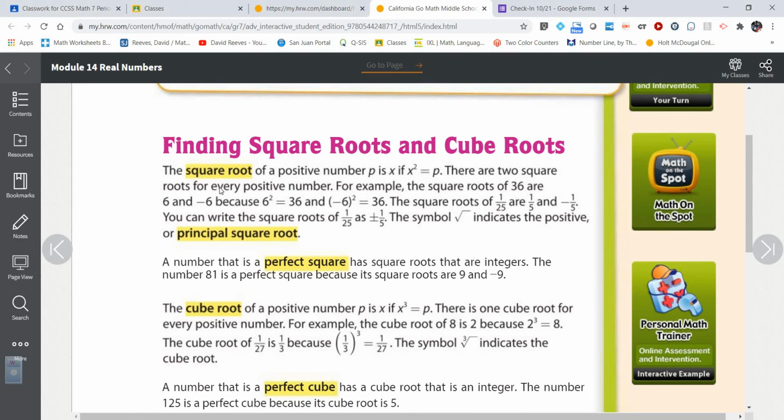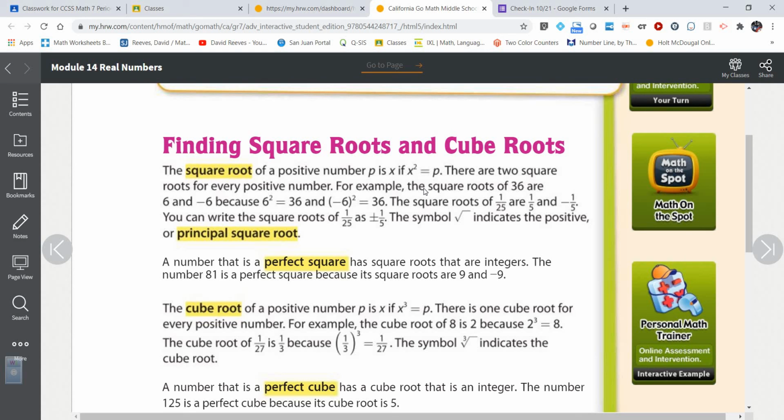All right, so right here it gives us the definition of a square root. A square root of a positive number p is x if x squared is p. In other words, if you square a number and get p, if you work backwards from squaring it, you get the square root.